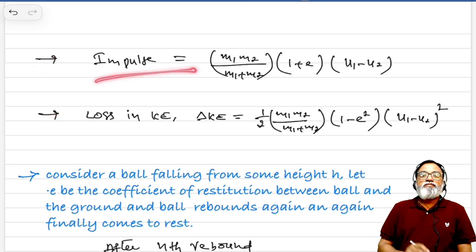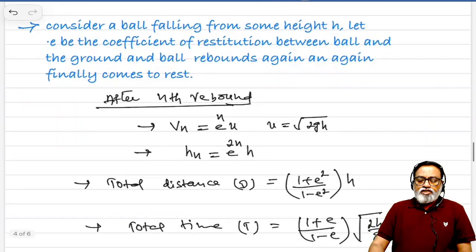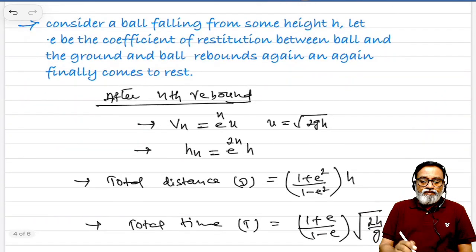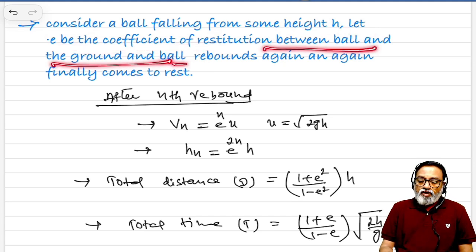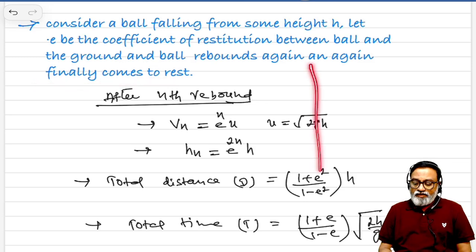This is for impulse. Impulse means change in momentum, and this is for loss in kinetic energy. See, this is also a very important one. Consider a ball falling from a certain height h. Let e be the coefficient of restitution between the ball and the ground, and the ball rebounds again and again, finally comes to rest. For example, the ball is falling from a height h.